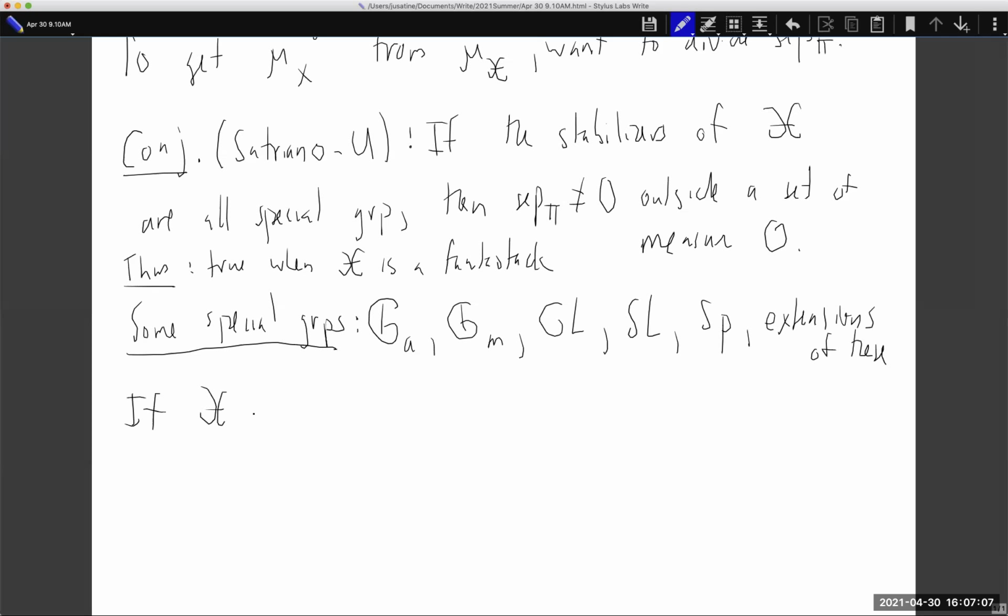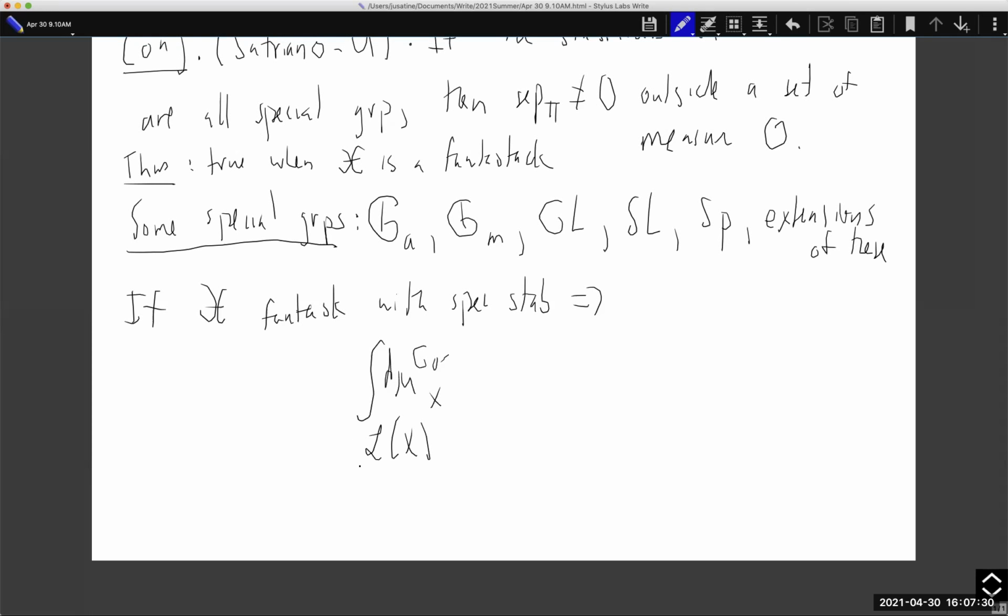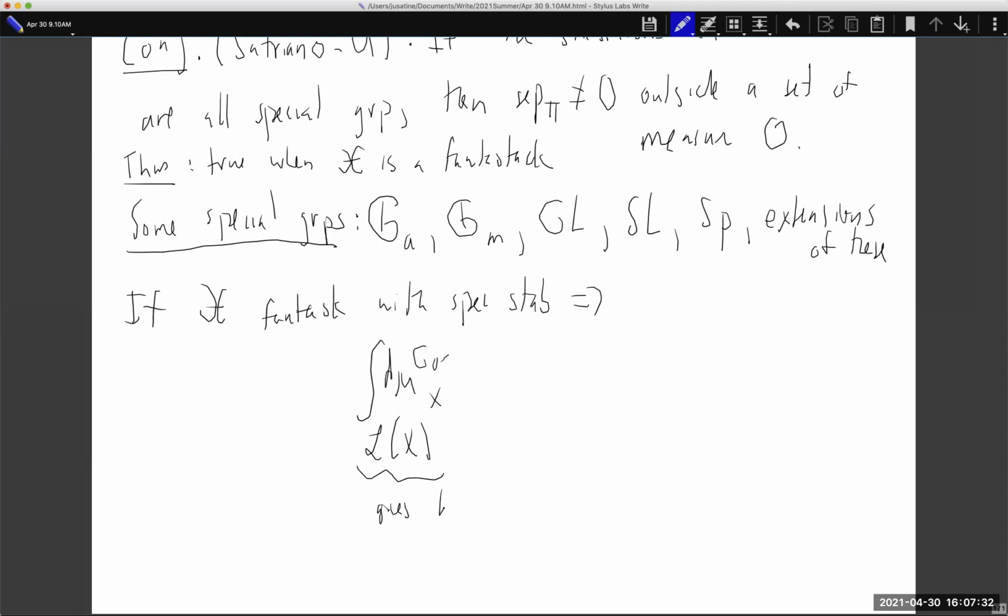So maybe just to summarize some of these results: if curly X is a fantastack with special stabilizers, and we have some nice combinatorial condition that reads that off, then piecing these theorems together, if I want to read off the Gorenstein measure of all of L of X, which remember is the thing that tells us about our Stringy Hodge numbers, then I need to integrate a function over the arcs of the stack.